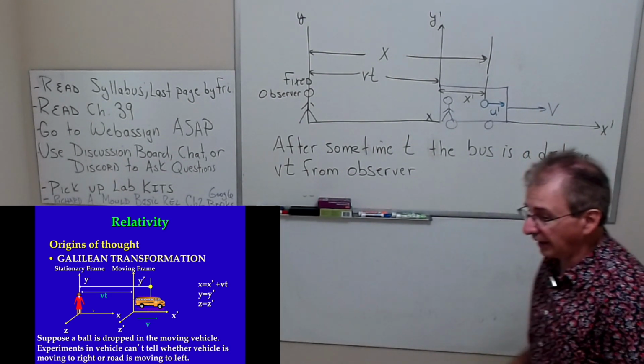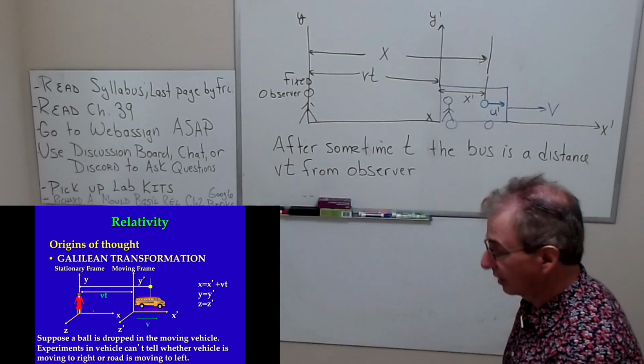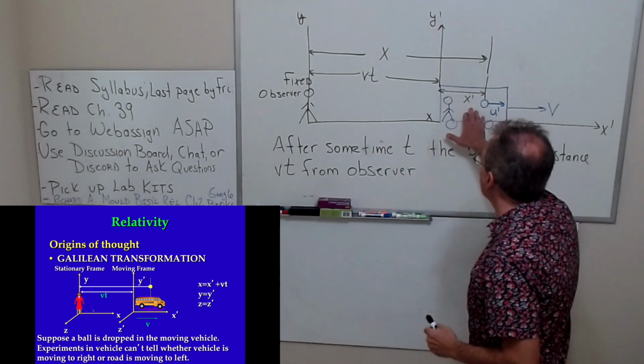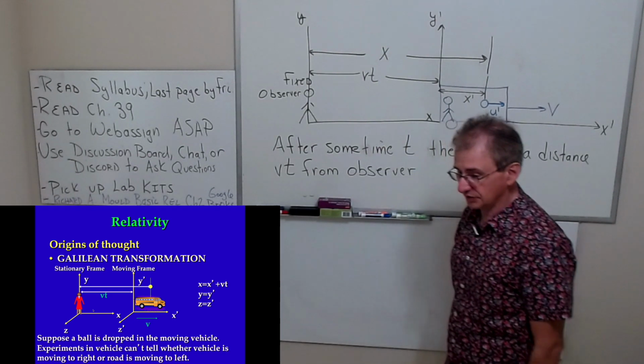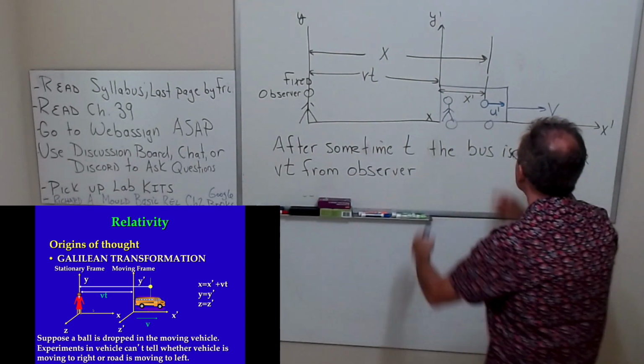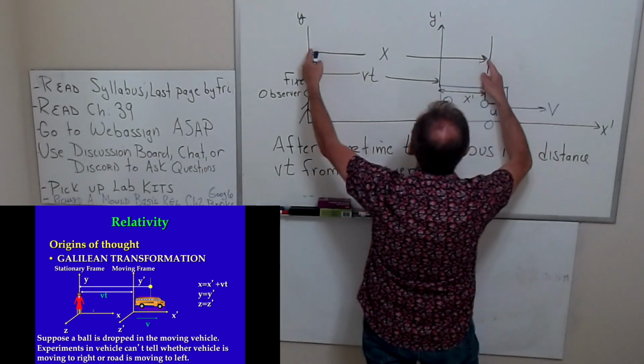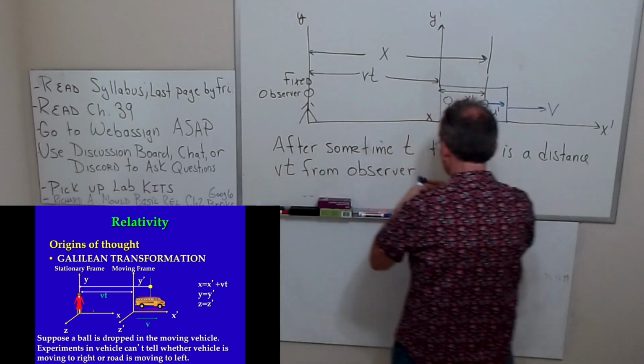Is there a way for me to write the location x prime in terms of what the fixed observer sees? Of course. Isn't this going to be this distance minus that distance?